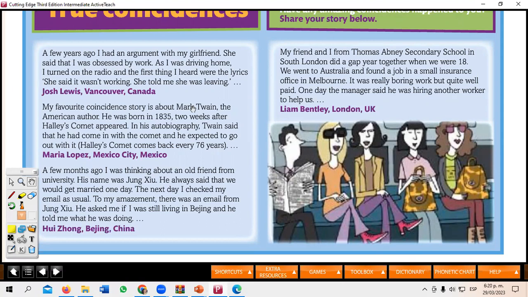In his autobiography, Twain said that he had come in with the comet and he expected to go out with it. Halley's Comet comes back every 76 years. Maria Lopez, Mexico City, Mexico.